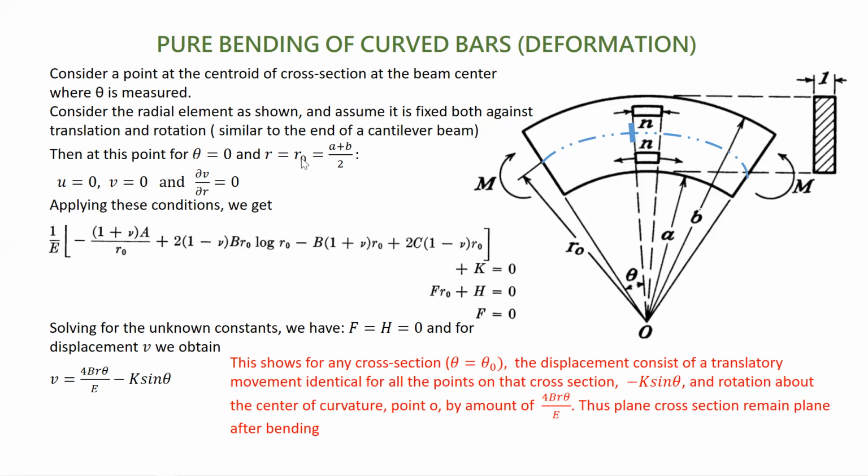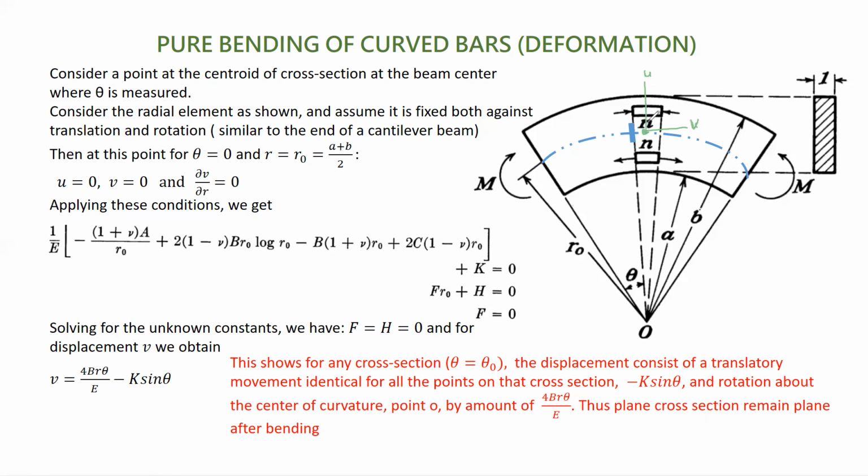So the first thing, we consider the center of the beam here, and we say that point is fixed. That means it doesn't move in the U direction or the V direction.